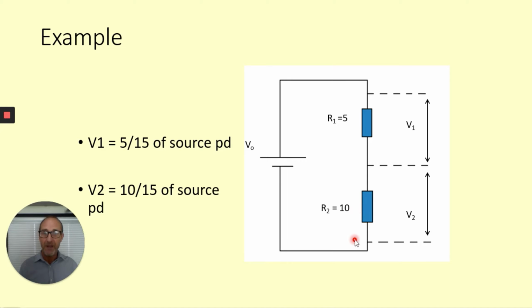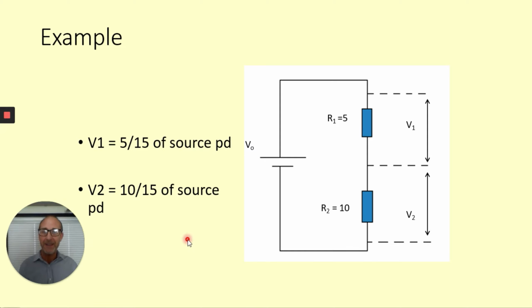So it's literally just a ratio of the total resistance and the actual V1 resistor's resistance. Okay, hoping this makes sense.